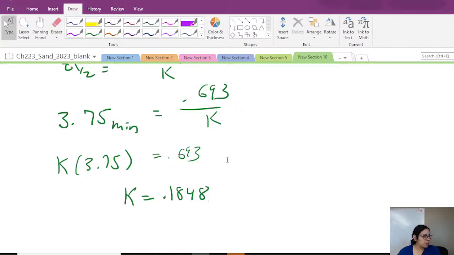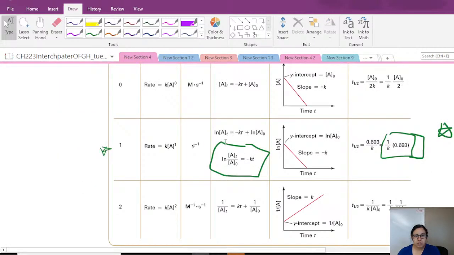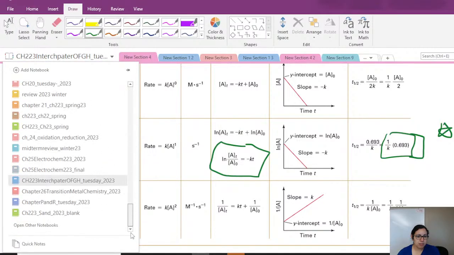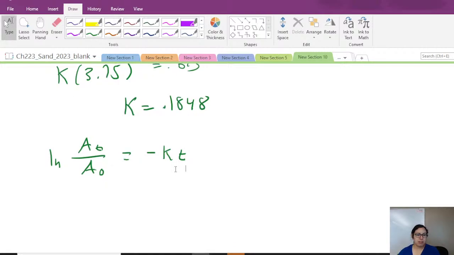Again, I'm not sure where she got her equation. She could have used a little math trick that I'm just not seeing. But then I would just plug in, finding time now using this equation, and we can do the 1/10. We could still use the ln of 0.1 since we want 10%. So the natural log of A at time over A naught is equal to negative KT, and our time will be in minutes.